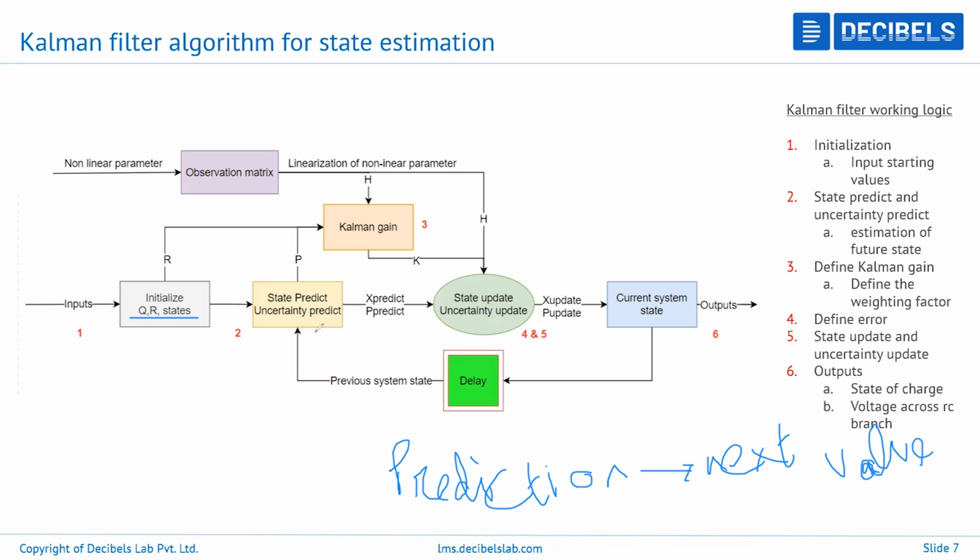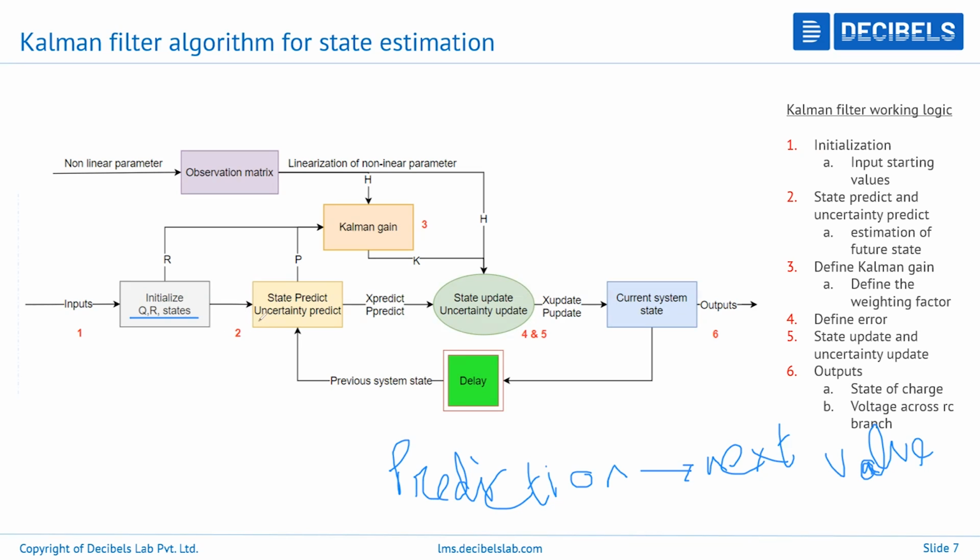When the Kalman filter begins execution, it has to consider the starting point as the previous value, and as the loop continues, the prediction, or the next value, will go on changing based on the present value and the future value. Yeah. So that is the state prediction part, which is number 2.